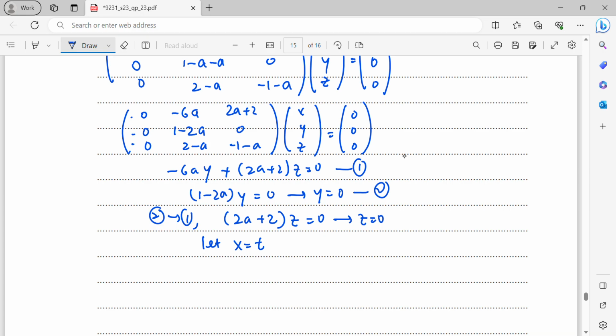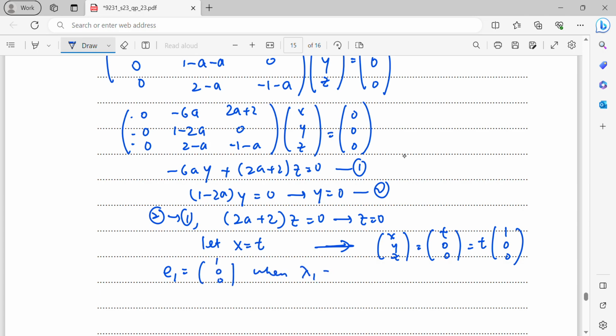So once I get my x equals to t, then my solution, so I will just write here, x, y, z equals to t, 0, 0, which means this is t times 1, 0, 0. Then I will get my first eigenvector. So E1 is 1, 0, 0 when lambda 1 is a.